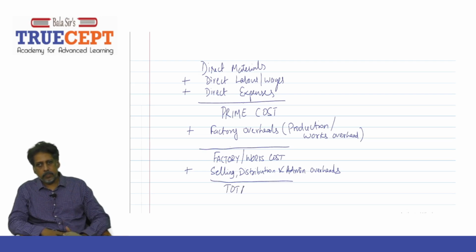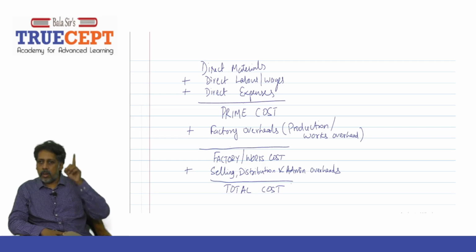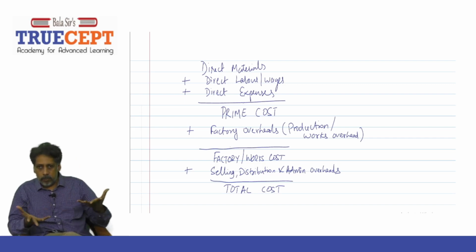Is that clear? Yes, sir. Please remember, I am giving the format for a cost sheet when there are no stocks: no stock of finished goods and no stock of work in progress. So to the factory cost, you add your selling and admin overheads, and you get total cost, also known as cost of sales.